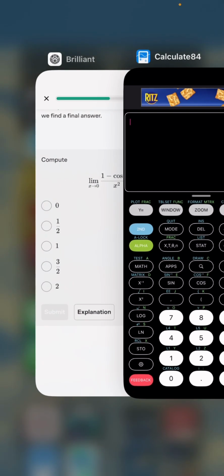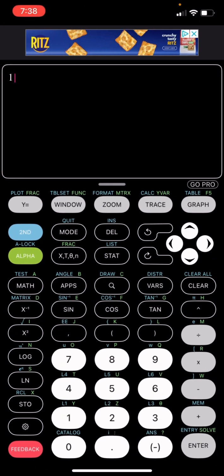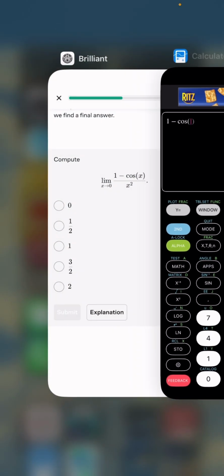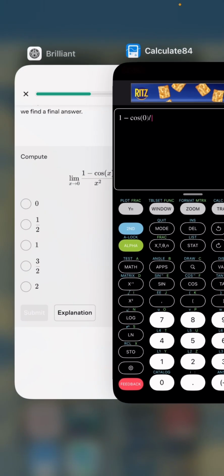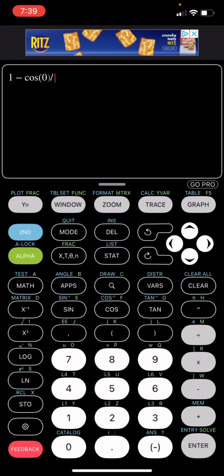Let me see if I can. Cosine 0 divided by 0 squared.